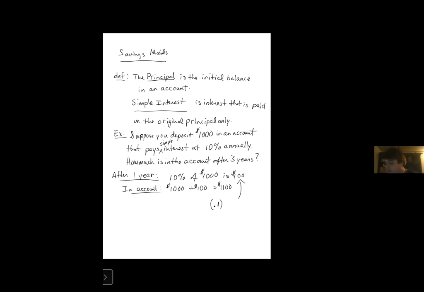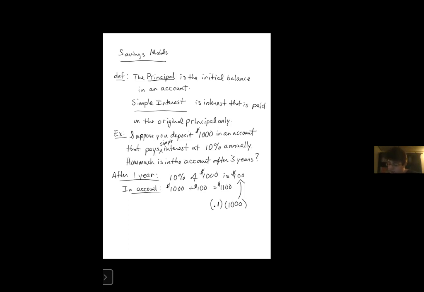We took the interest rate, converted it to a decimal, so 10% is 0.1, and we multiplied it by 1,000. So we are taking our interest rate and multiplying it by our principal to give us our interest.